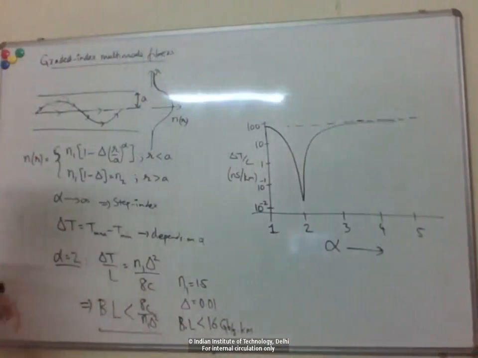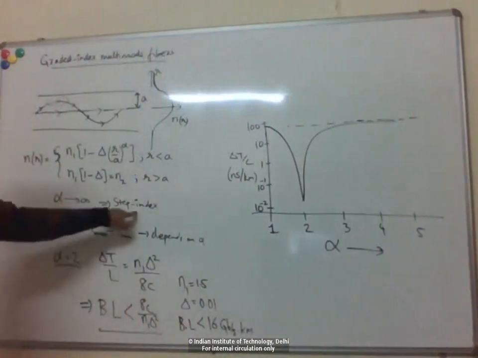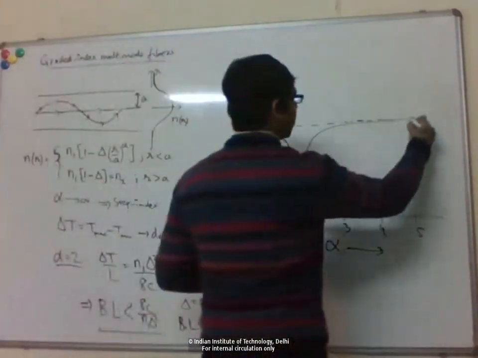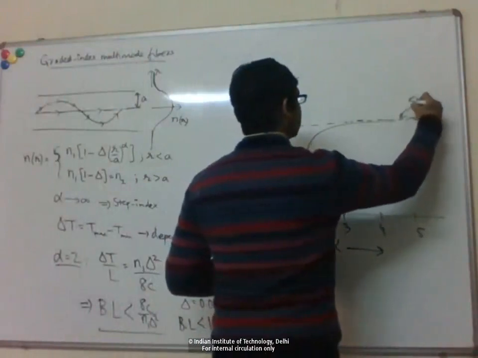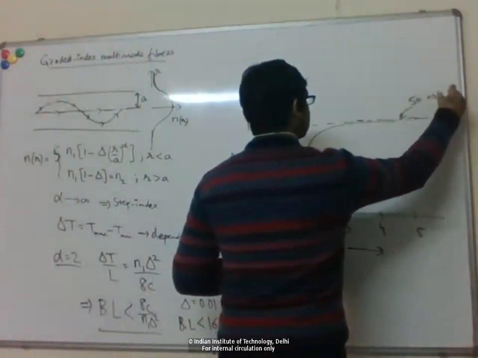Recall that for alpha tends to infinity, the step index case, this was approaching about 50 nanosecond per kilometer.